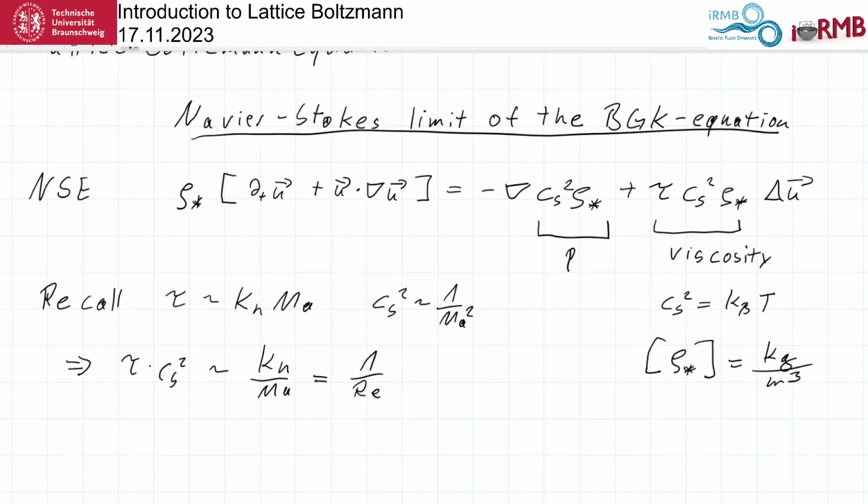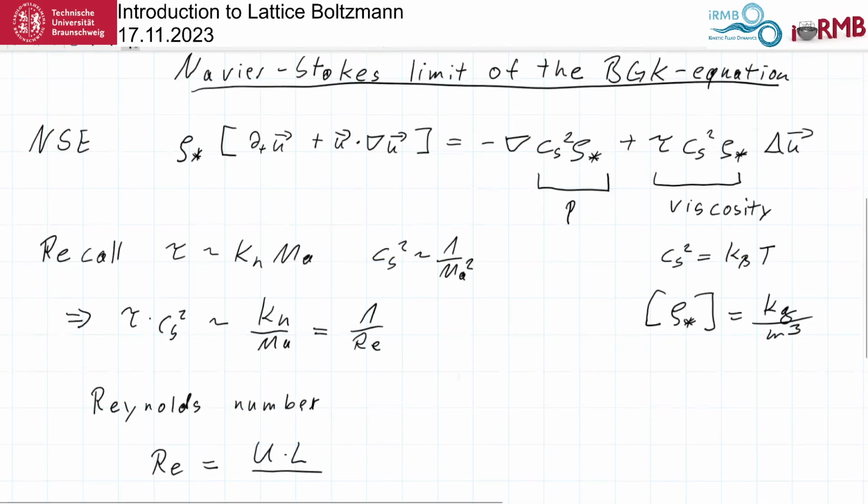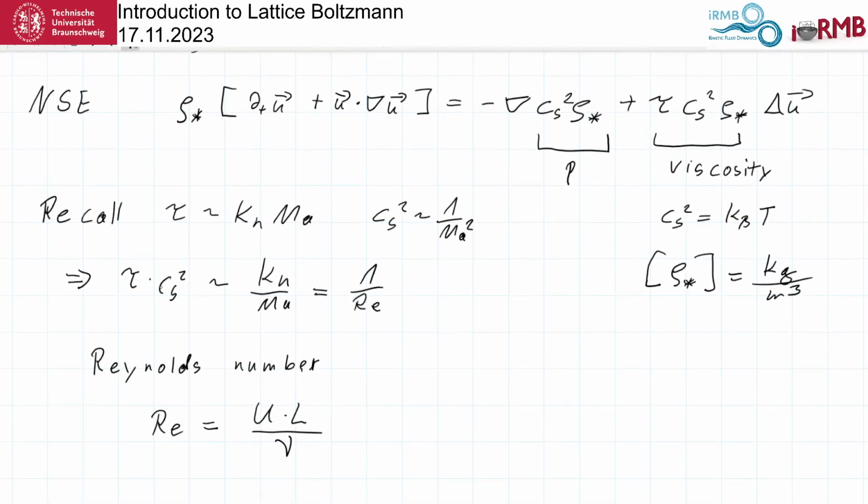You heard about the Reynolds number, right? Yeah. So the Reynolds number is given, depending on whether you write it with the kinematic or the dynamic viscosity. Now I'm going to write it with the kinematic viscosity: the velocity scale times the length scale of the system divided by the kinematic viscosity.